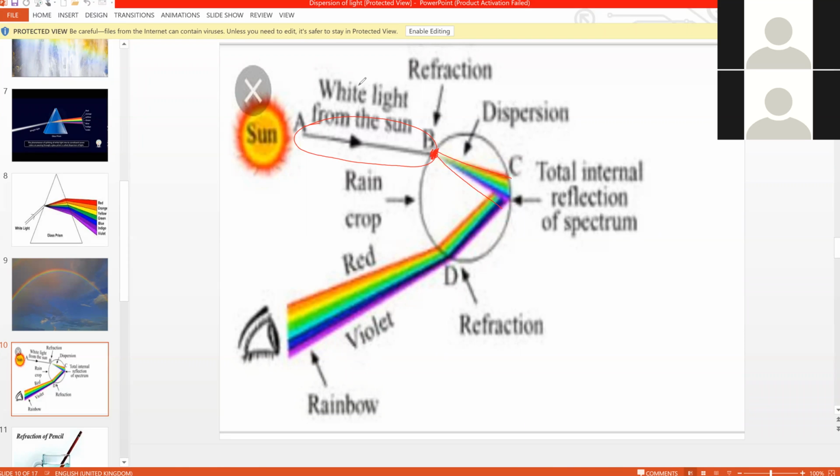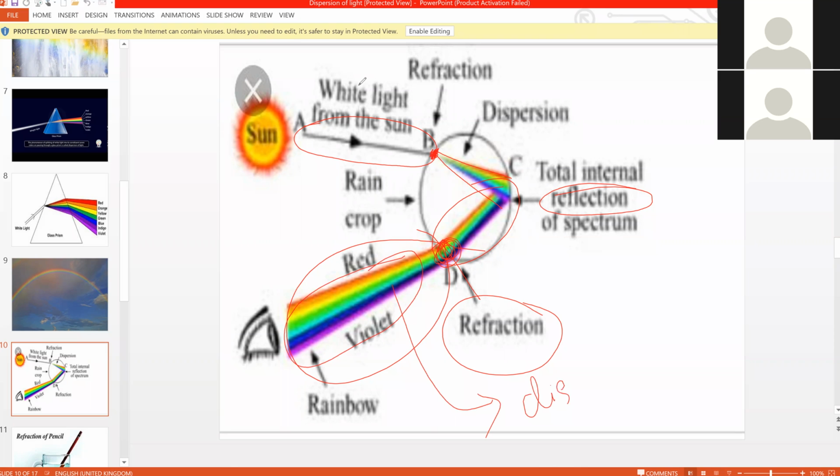You can see the reflection here. And then again you can see a slight bending. So reflection is there, refraction is there. This kind of bending is called refraction. And this splitting of light rays into different colors is called dispersion of light.